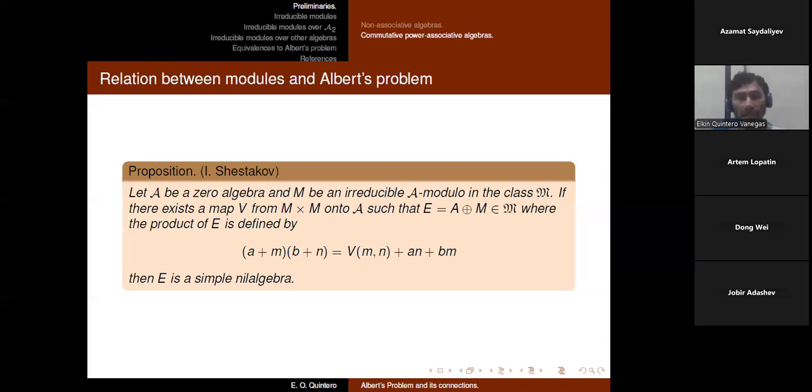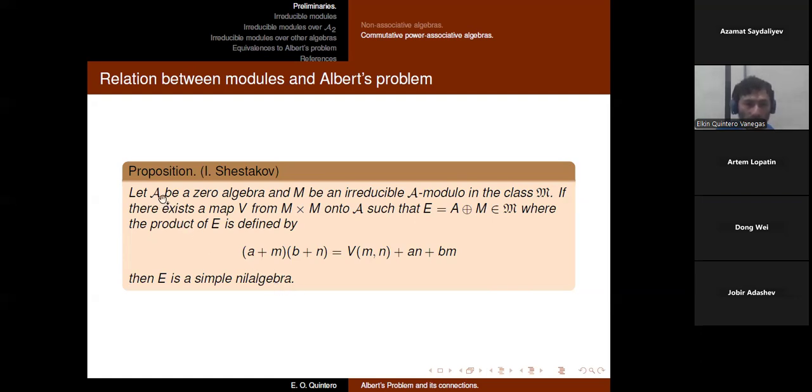The first relation between Albert's problem and irreducible models is due to Ivan Shestakov. Consider A a zero algebra and M an irreducible A-module in the class of commutative power-associative algebras. Suppose there exists a map B from M times M onto A, such that the extension A plus M is a commutative power-associative algebra, where the product is defined in the following way.